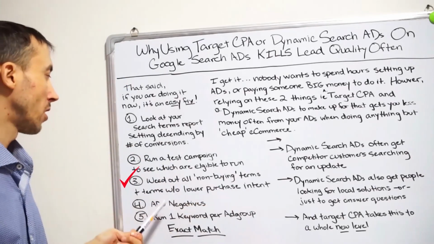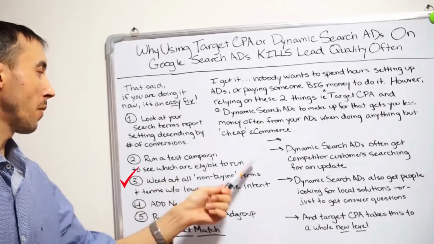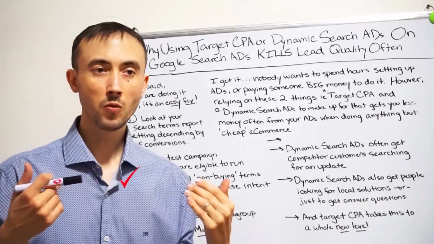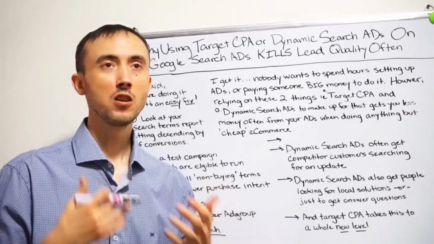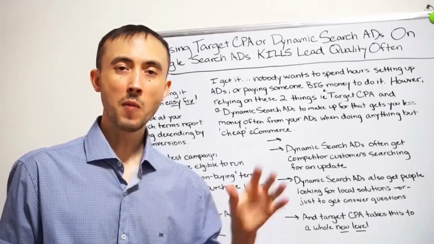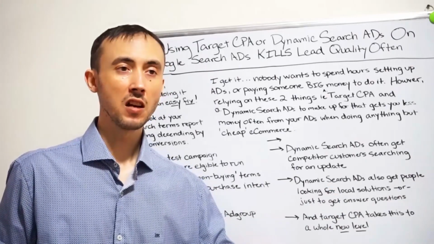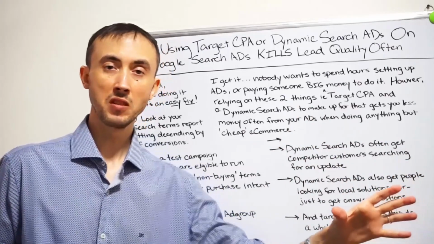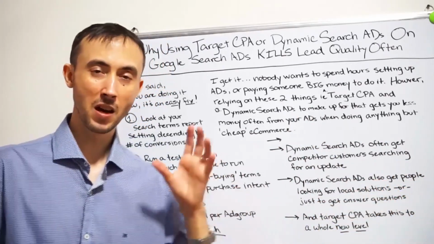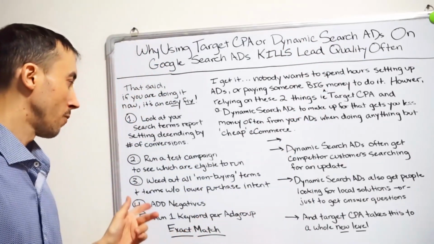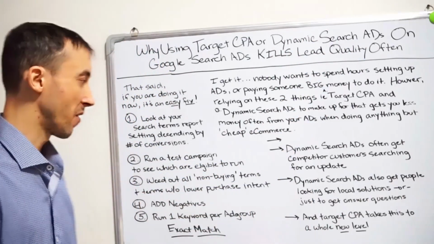Okay. Step 3, weed out all non-buying terms and terms with lower purchase intent. To keep with the saying, you've got to walk before you can run. You've got to make money from your PPC starting out before you're able to really do a lot of sales, and you need to be able to take money from what you're making up front to finance a huge account.